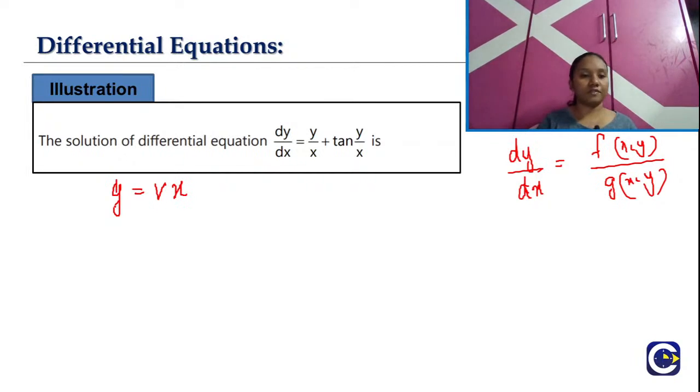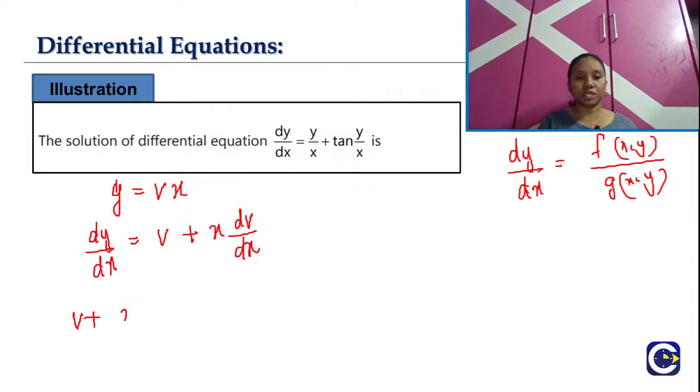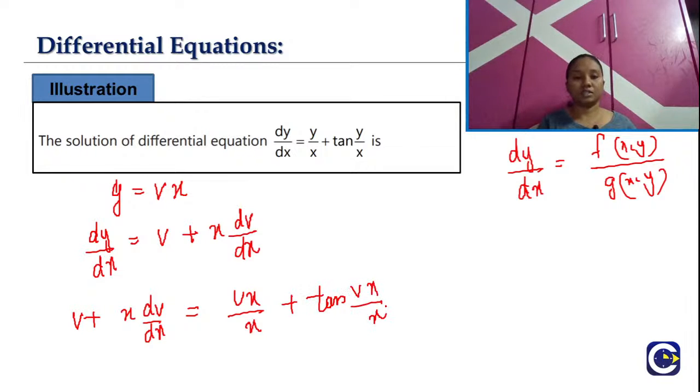So let's do the differentiation here. That means dy by dx will be equal to v plus x into dv by dx, and let's substitute the things here. In place of y it is substituted vx, so vx by x plus tan vx by x.